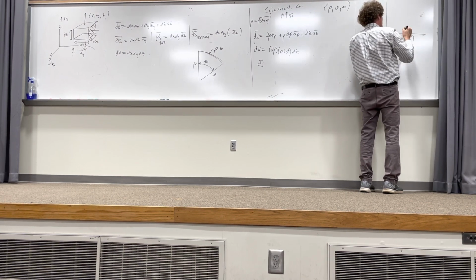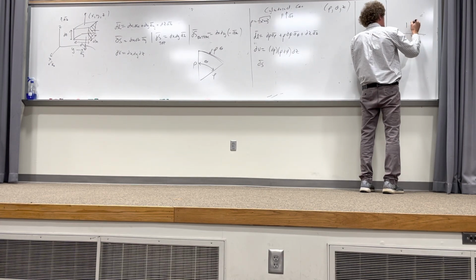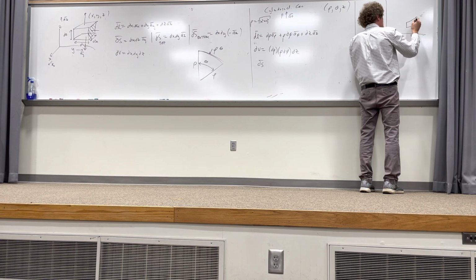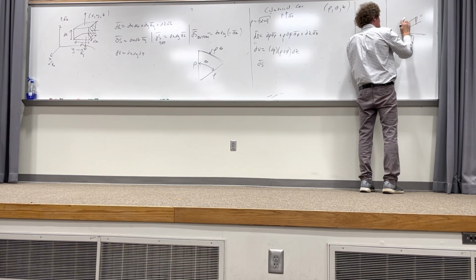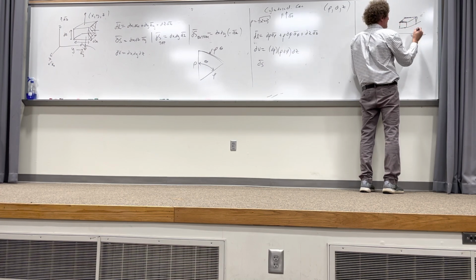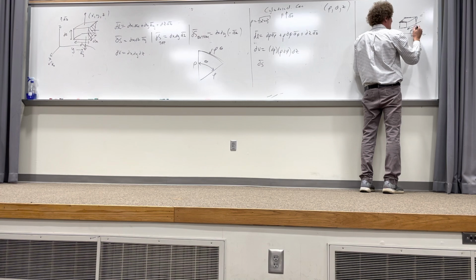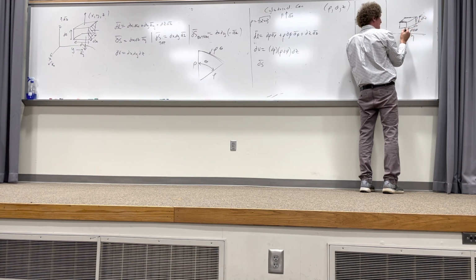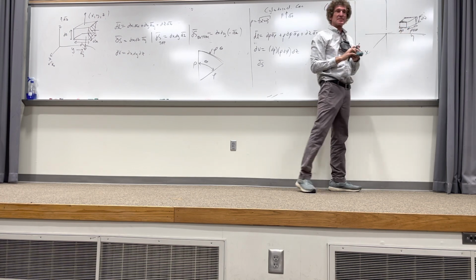Let me try this one. This is in your book. This length would be rho d phi. This would be dz. And the radial difference would simply be d rho. I hope you can appreciate that's supposed to be a cube.